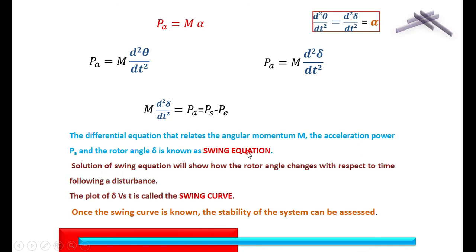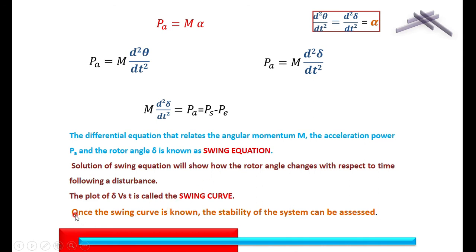The solution of this swing equation shows how the rotor angle changes. It is the d square delta by dt square, that is the second order differential equation. Then if you are solving this equation, you get the value of delta at different time intervals. Then the solution of this swing equation will show how the rotor angle changes with respect to time following a disturbance.